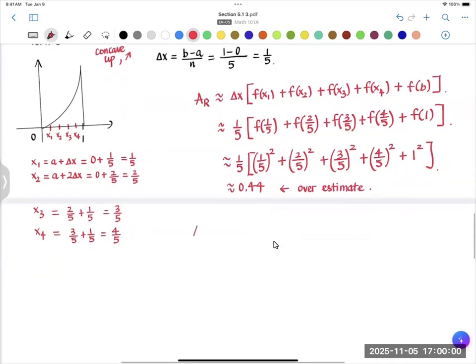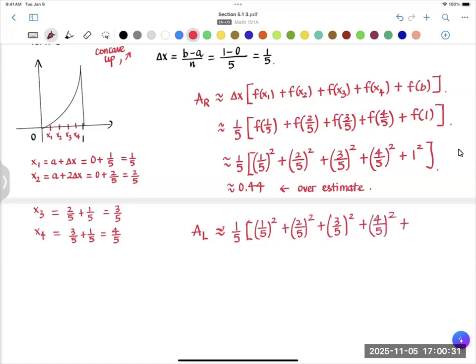Okay, now we take a look at the left endpoint. Once you have the right endpoint, the left endpoint is more straightforward, because all you have to do is replace your f(b) by f(a). So everything stays the same. So 1/5 times 1/5 squared plus 2/5 squared plus 3/5 squared.